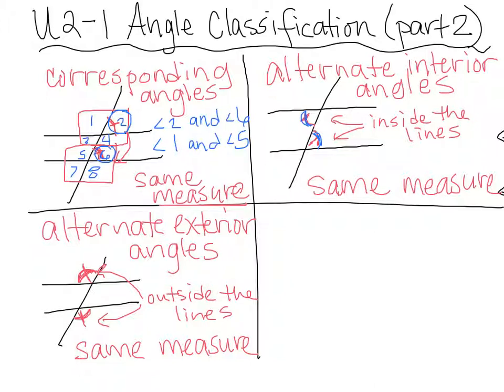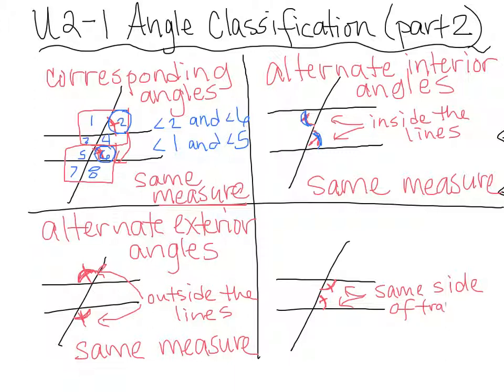All right, and finally, the last pair that I want to look at. Let's go back inside the parallel lines. Okay, so some interior angles, but instead of being on the opposite side, so alternating, they're on the same side. Okay, so these two, they're on the same side of the transversal, okay, and they're inside the parallel lines.